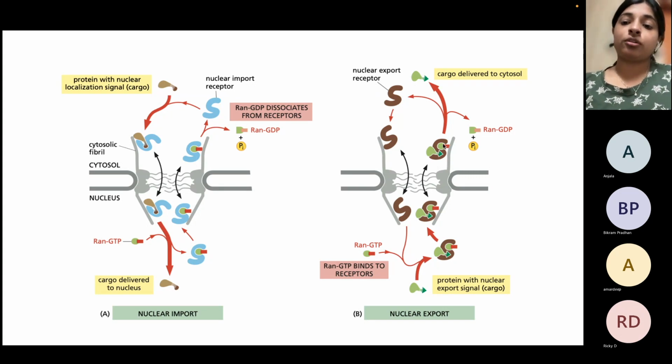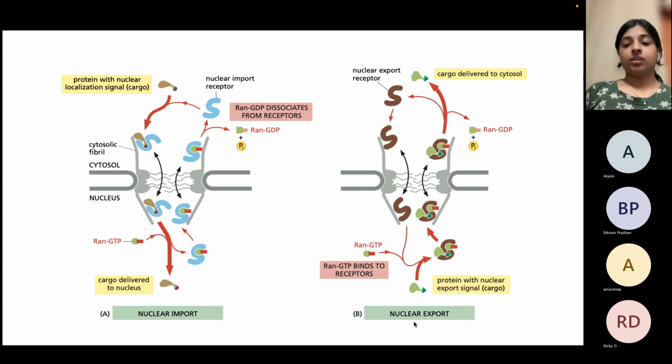But as soon as it goes to the cytosol, it is converted into RAN-GDP. Because of this, again, there is a conformational change in the receptor, and the cargo, again very elegantly, is delivered to the cytosol. This empty nuclear export receptor again moves into the nucleus to bind to fresh cargoes and transport them back to the cytosol.